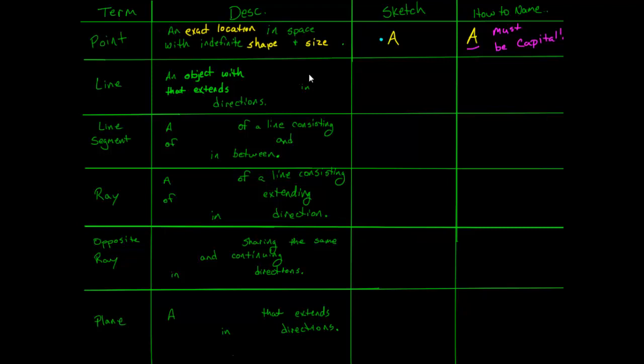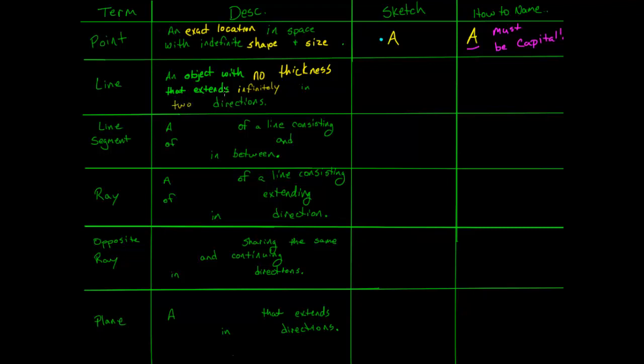Let's look now at our next term, which is a line. A line is an object with no thickness that extends infinitely in two directions.